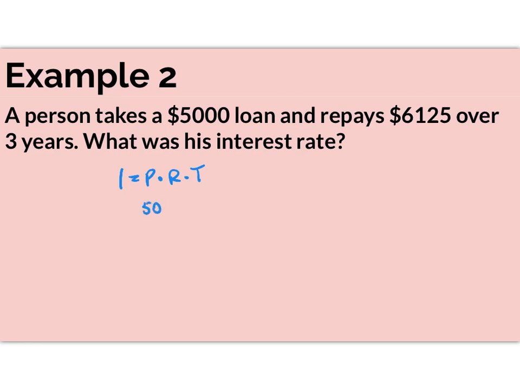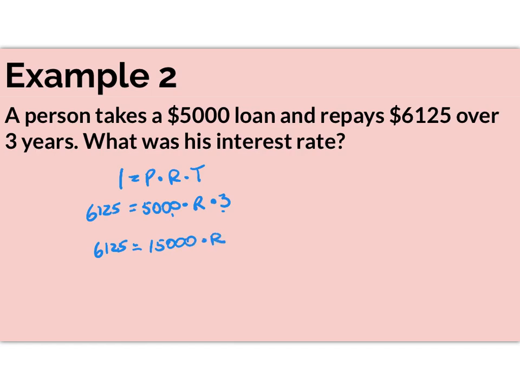So 5,000 is our principal, our initial amount. We want to know what the rate is. We're given a time of 3 years, and we're given the total interest that he paid, $1,125. The 5,000 and the 3 are numbers, so we'll multiply them and get 15,000 times R.